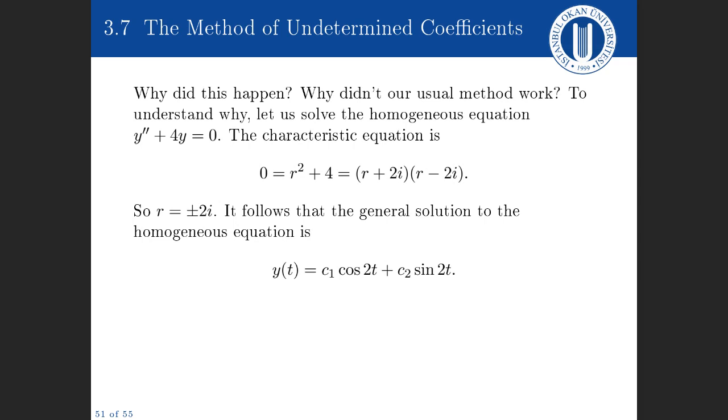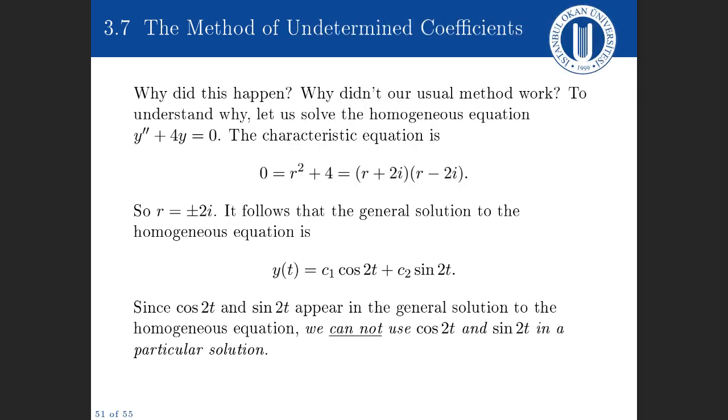So the general solution to the homogeneous equation is c1 cos 2t plus c2 sine 2t. That's why we got 0 when we tried to use that ansatz. Because cos 2t and sine 2t appear in the general solution to the homogeneous equation, the rule is we cannot use the same functions. We cannot use cos 2t and sine 2t in an ansatz for a particular solution.